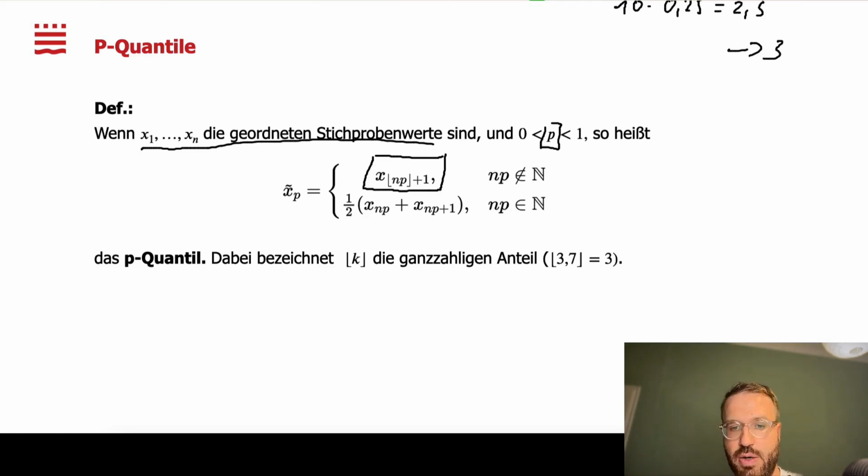However, if it results in a whole number, we take the value at np and the value at np plus 1 and average them, just as we did in the case of the median. So those are p-quantiles. And in the next video, we will look at what the so-called sample variance or sample dispersion means. Until then.